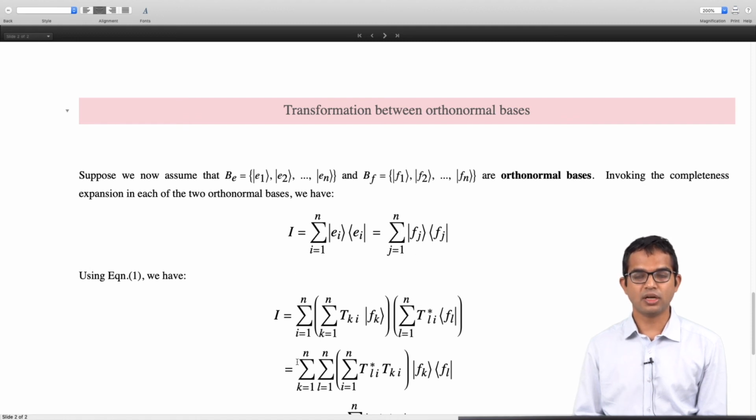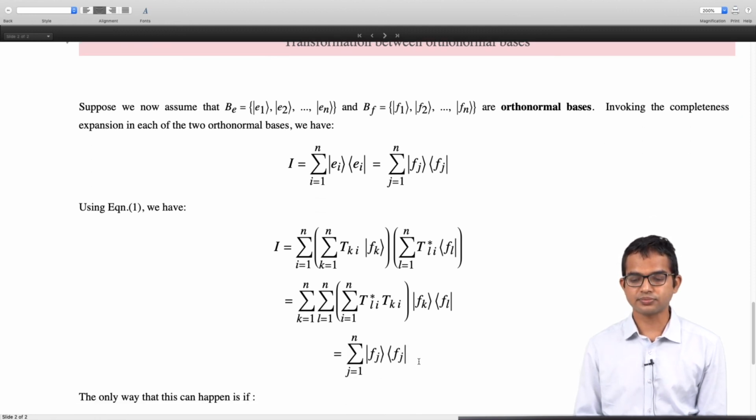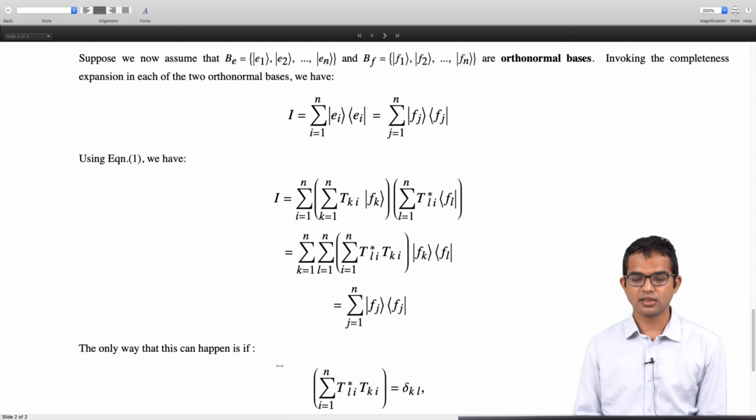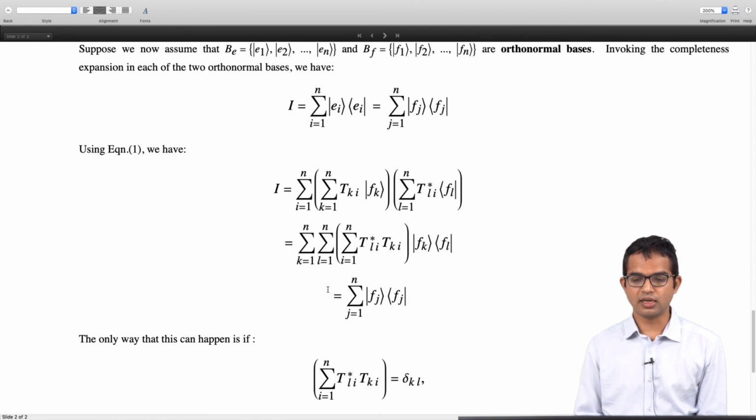This matrix representation for the identity operator has got to be diagonal no matter which orthonormal basis you're in. So that means the only way that can happen is if you get a delta function here. So this quantity must go to delta_kl, and then the double sum will become a single sum, and you get only diagonal terms.